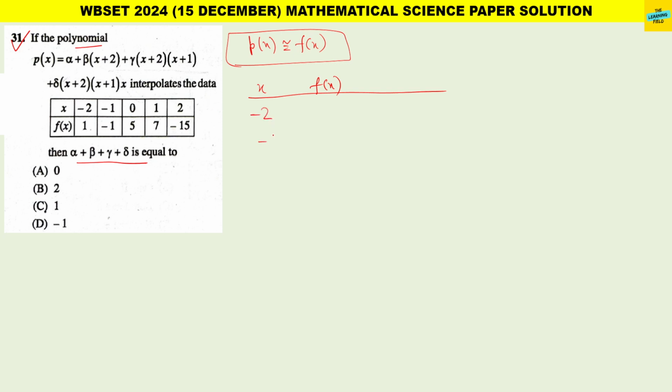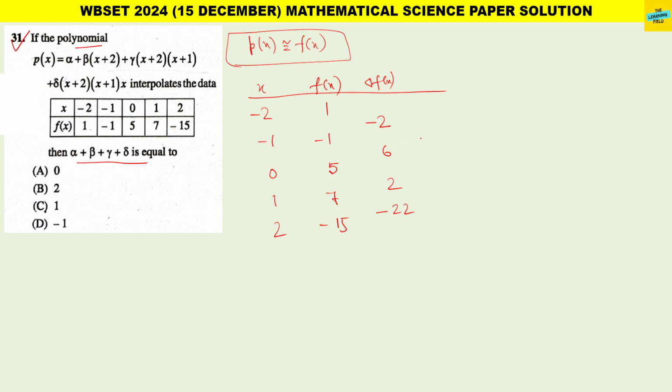So x is -2, -1, 0, 1, 2 and f(x) is 1, -1, 5, 7, -15. What is delta f(x)? Delta f(x) is 1 minus 1, that is -2, 5 plus 1 is 6, 7 minus 5 is 2, minus 15 minus 7 is -22.